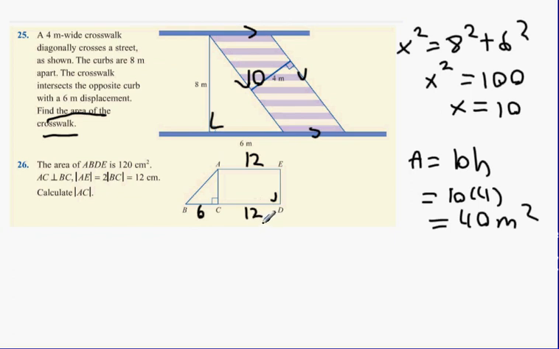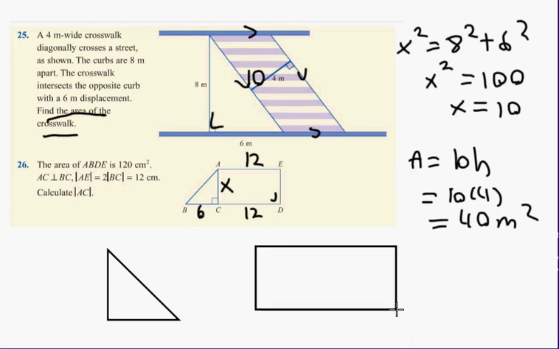Okay? So we have to calculate AC. Now what I'm going to do with AC is I'm going to call it x. So what you're actually getting is two things. You're going to get the area of a right angle triangle, and then you're also going to get the area of the rectangle as well, which is 12 by x.